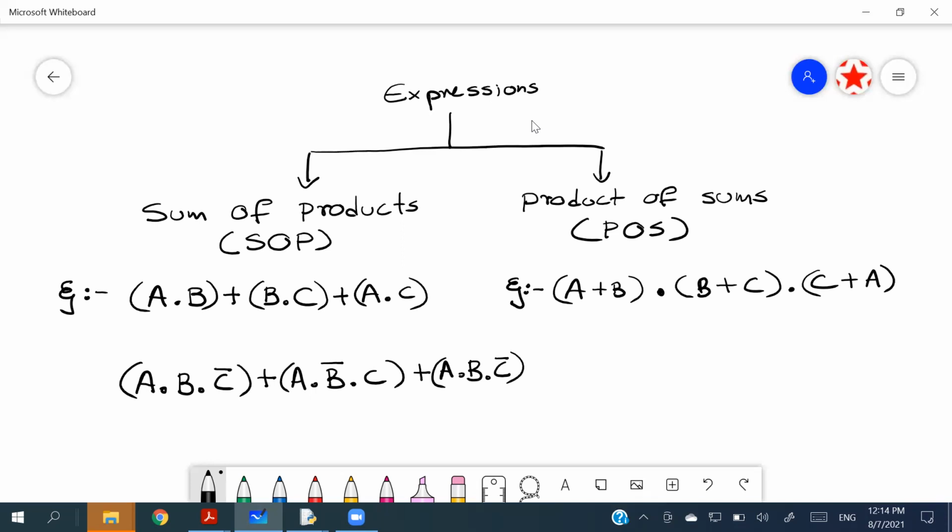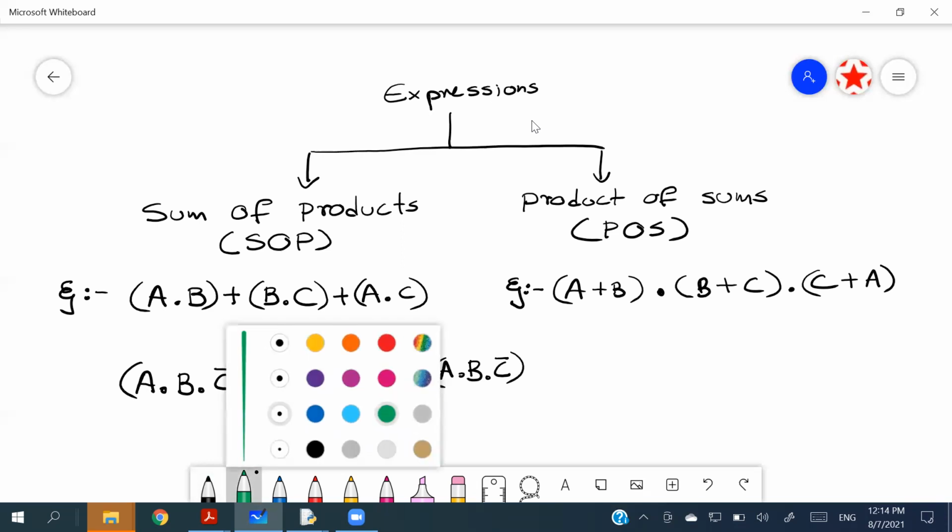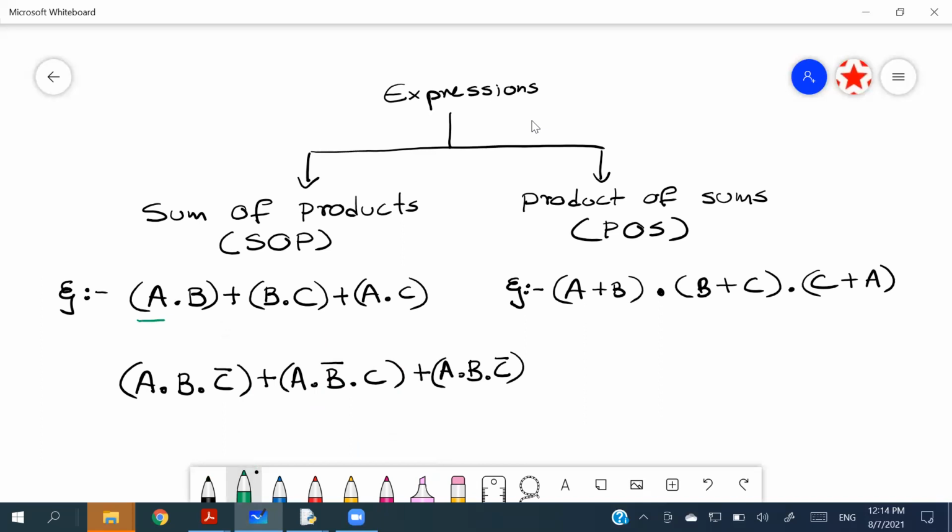Can you recognize, if you take the terms of this SOP, the entire expression has three different variables, which is A, B, and C, right?